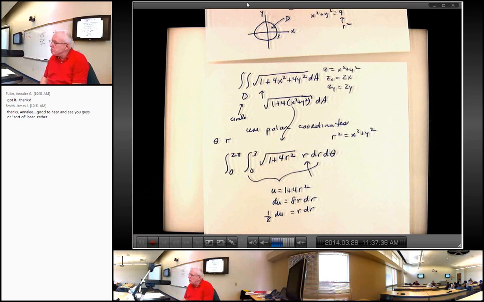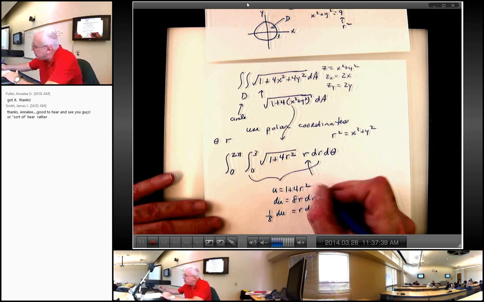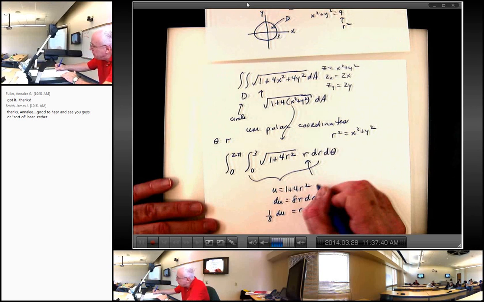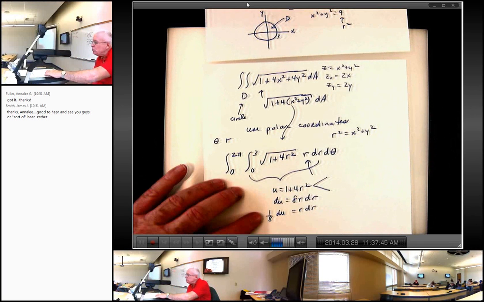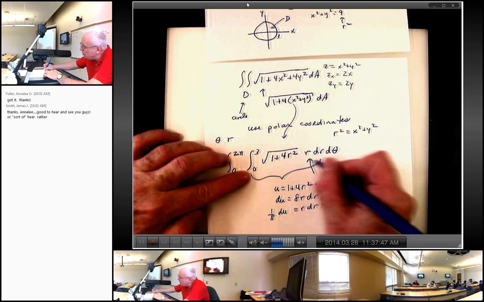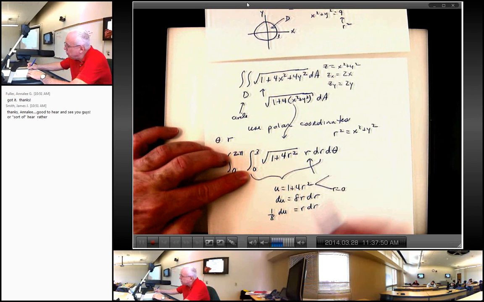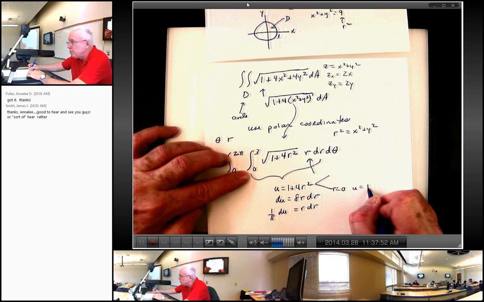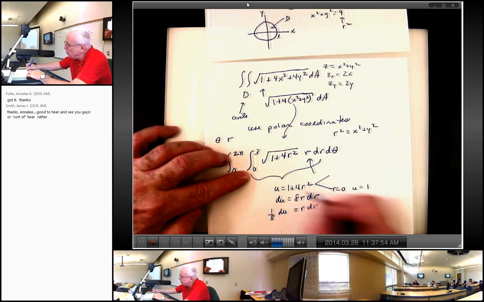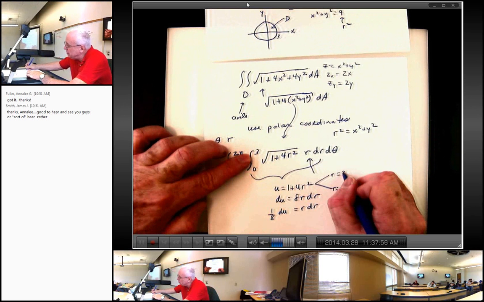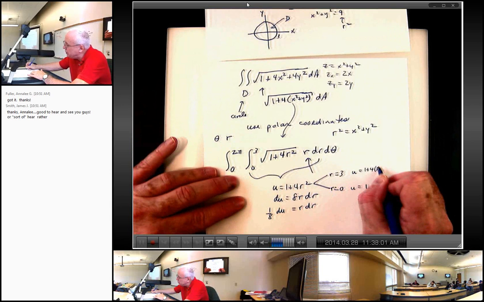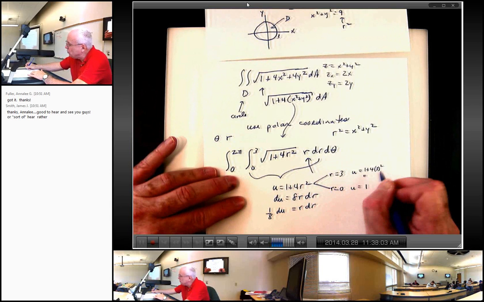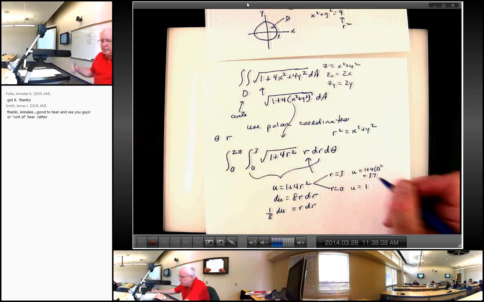All right. I'm going to, again, stay with my u here and just keep everything in terms of u. So here I'm starting when r is equal to 0, u is equal to 1 by plugging it in there. When r is equal to 3, u is going to be 1 plus 4 times 3 squared, which is what? That's 4 times 9, 36 plus 1, u is 37.